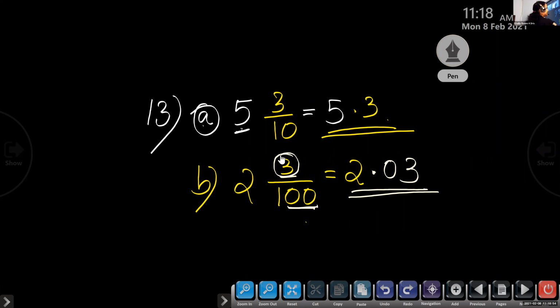So this 3 we can write 03 because 3 and 03 are the same. But this 3 we cannot write as 3 and 0, because 3 and 30 are different. So you have to write the 0 in the front.